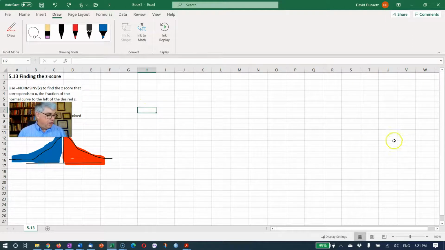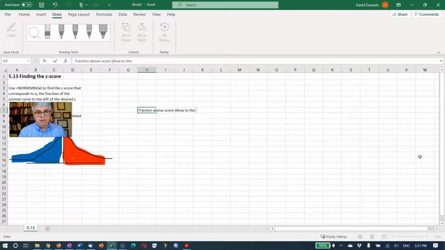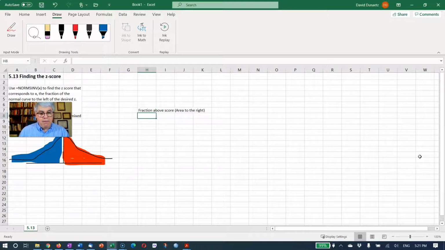And so we're given the fraction above the score that we're looking at, fraction above score, or that's the area to the right. Right. Okay, so that's what we're given, and we're given 50%.